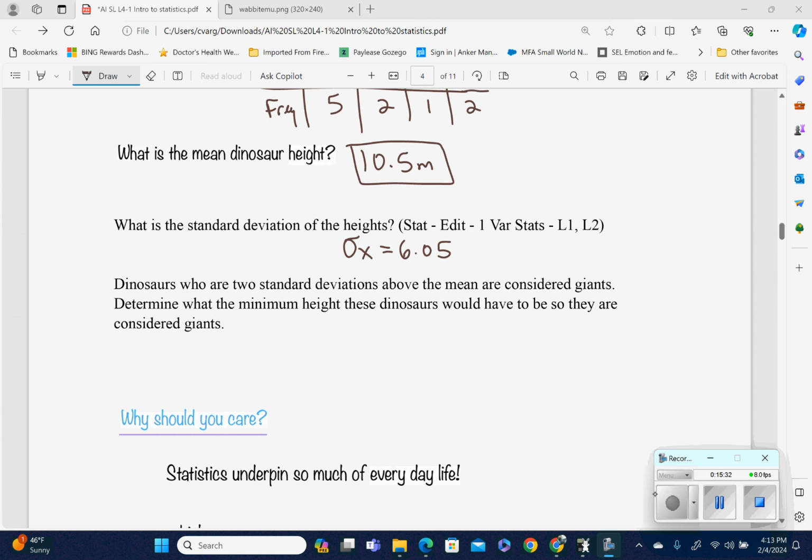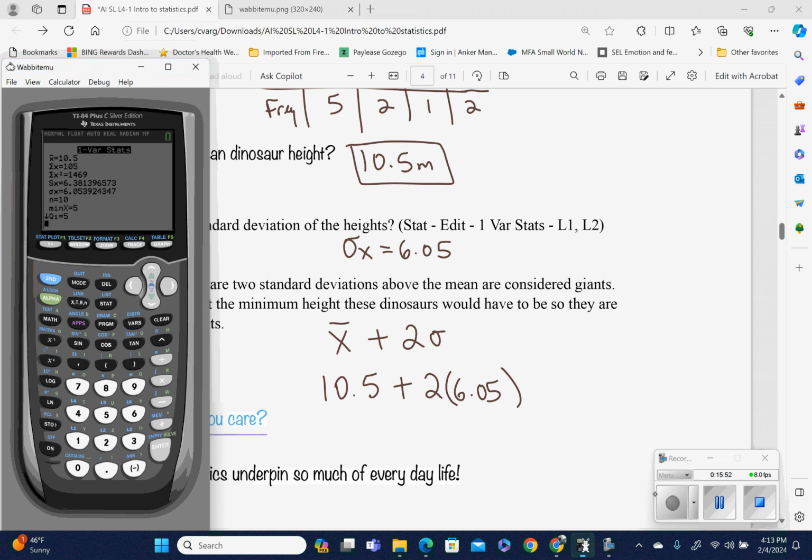So dinosaurs who are 2 standard deviations above the mean. So what we have to do is we have to take the mean and add, right, above the mean, 2 standard deviations above it. So let's do that, right? So the mean is 10.5, and we're going to do 10.5 plus 2 times our standard deviation, 6.05. And this is something that we can very easily plug into our calculator, right?